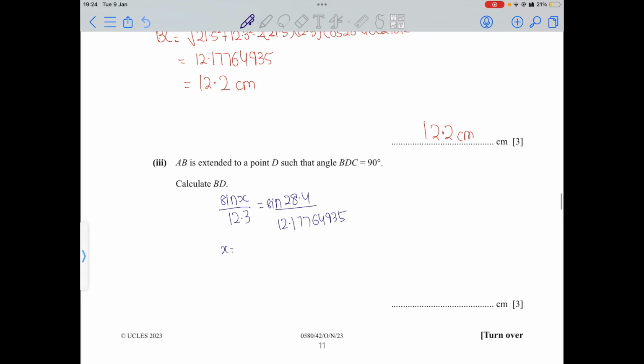Right, so x is equal to sine inverse of 12.3 into sine 28.4 over 12.17764935.